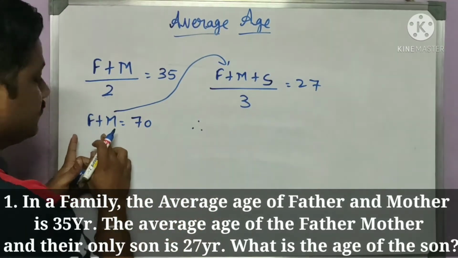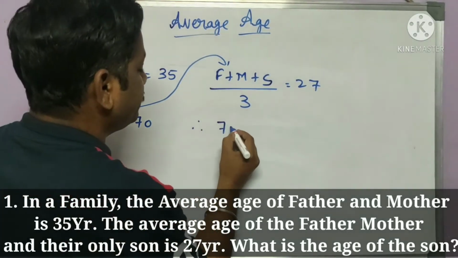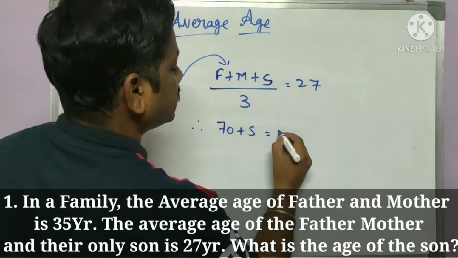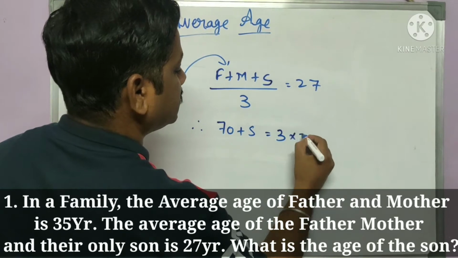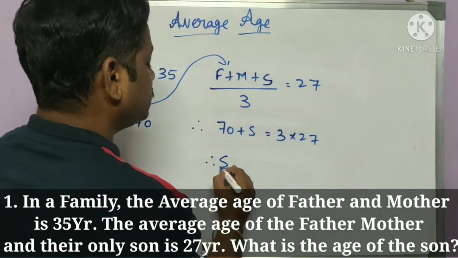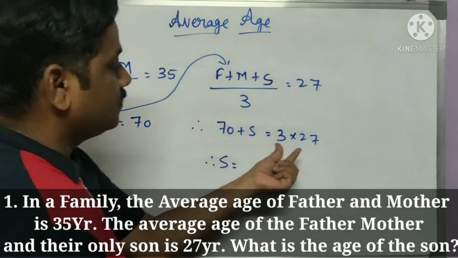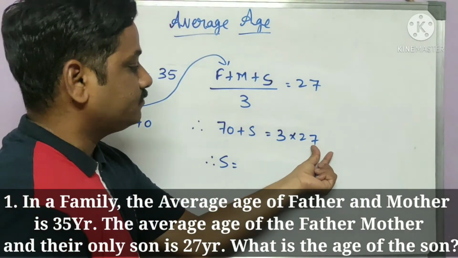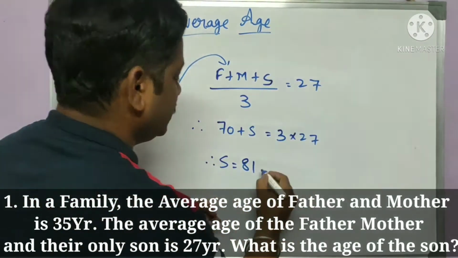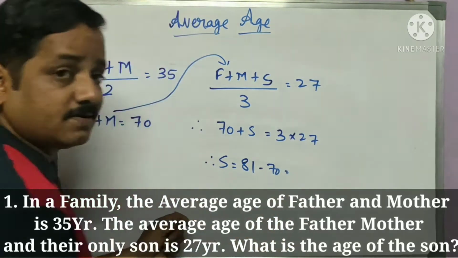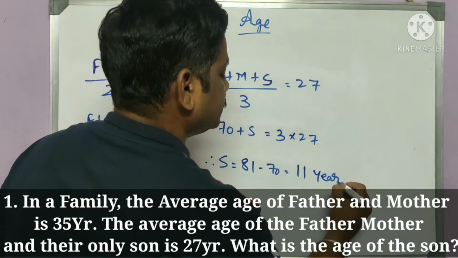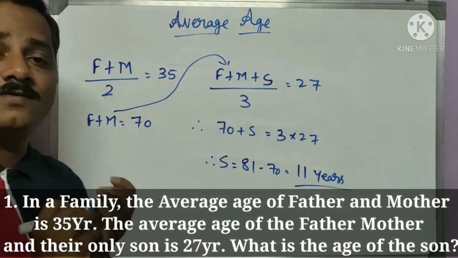In place of f plus m, I can put 70, so 70 plus the age of son is equal to 3 into 27, that is 81. The 70 we take to the other side, and the difference will be the age. So the son's age is going to be 11 years.